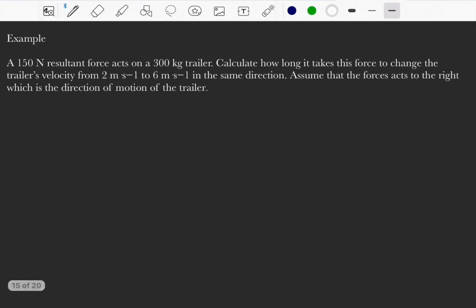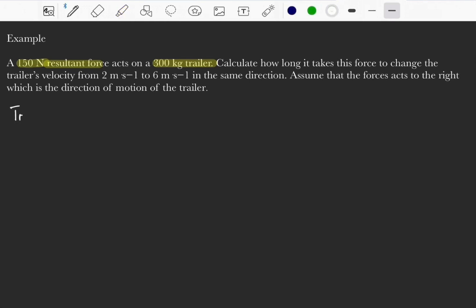So as I always emphasize, try to outline the information that you are given first before you do any calculations, so that you do not make any mistakes. Right. So the question says that a 150 Newton resultant force acts on a 300 kg trailer.